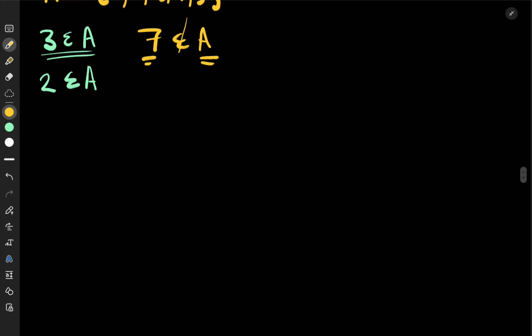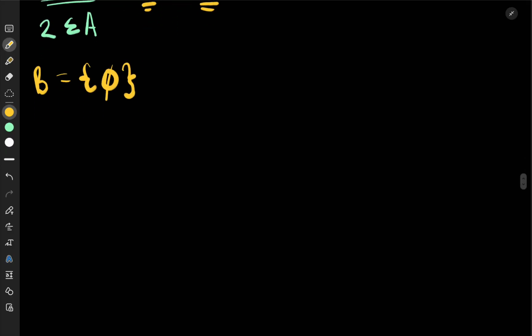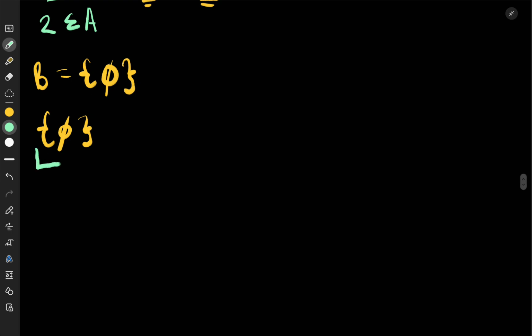Now, let's say you have a set B, and in set B is this symbol, which we're going to talk about just now. If I ask you, is this thing that I'm about to put here an element of set B? The word element means that if you go into set B, are you going to see this thing inside set B?